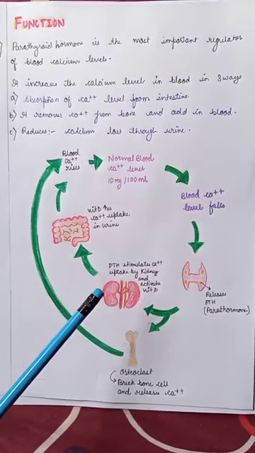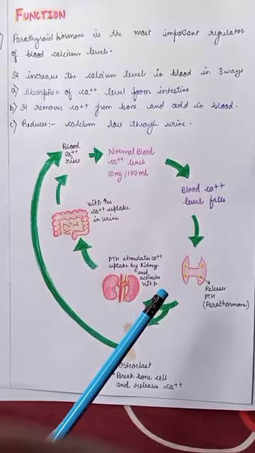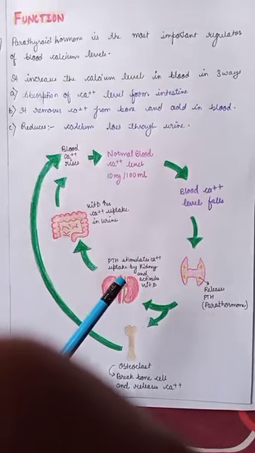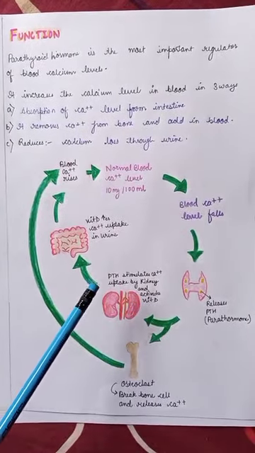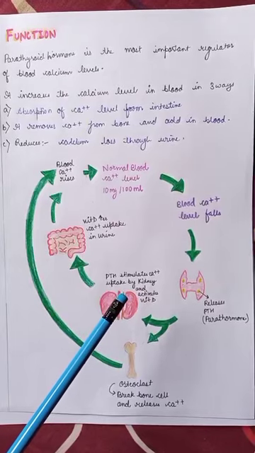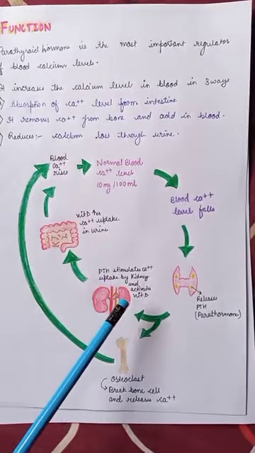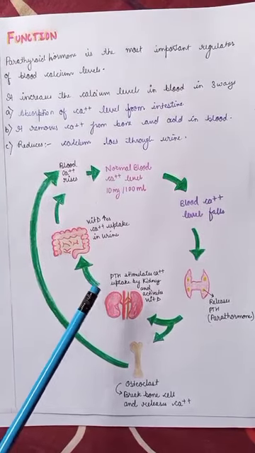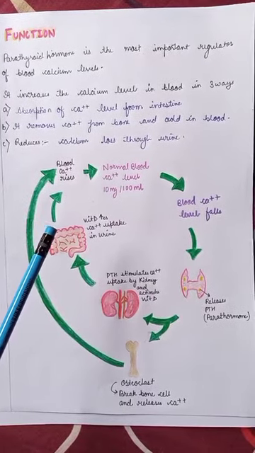Here calcium level increases as PTH stimulates the calcium 2 plus ion uptake by kidney and activates vitamin D, which reduces calcium loss through the urine and increases the calcium level in blood.